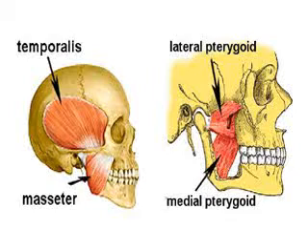The closing group, the masseter, temporalis, and medial pterygoid muscles, is responsible for elevating and closing the mandible against the maxilla.